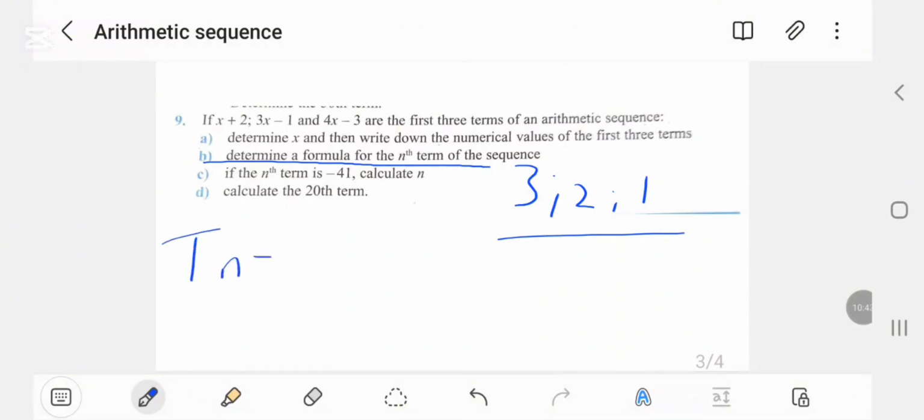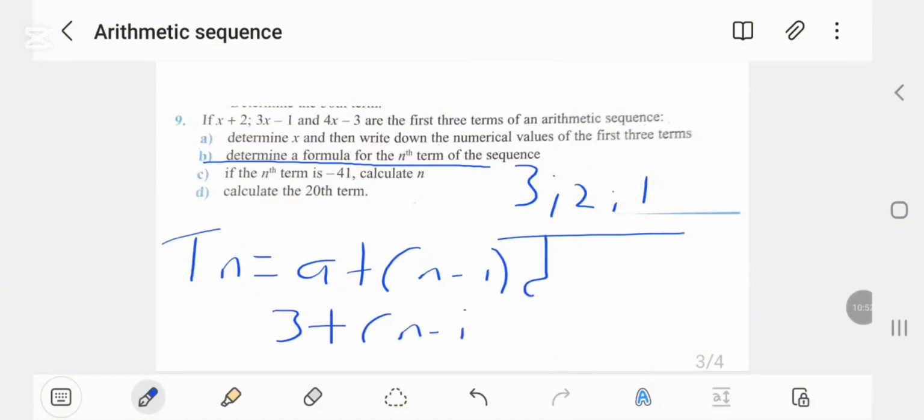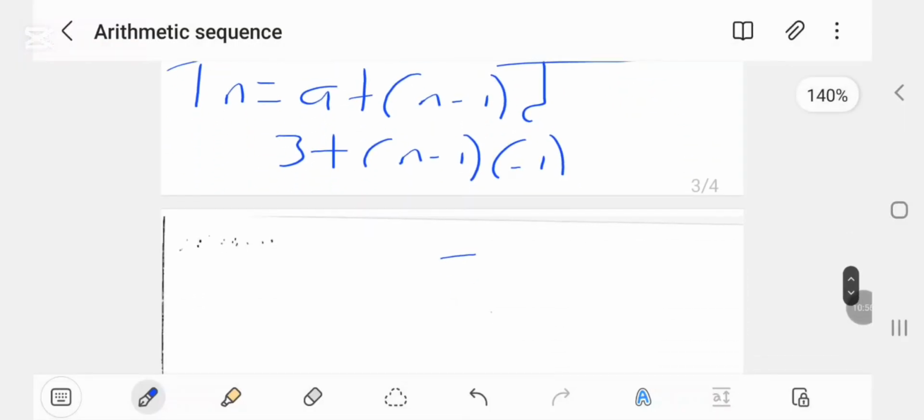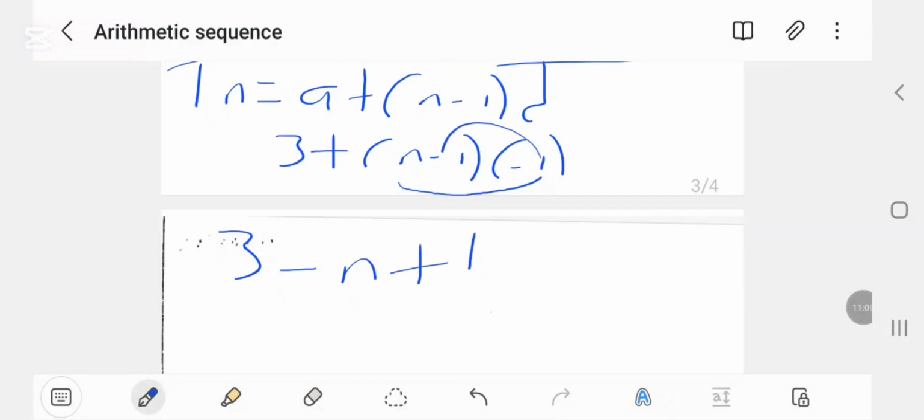Then we can try to find the nth term. So tn is equal to a plus n minus 1 times d. A is 3, and the difference is minus 1. So we have 3 plus minus 1 times n, which is minus n, and minus 1 times minus 1 is positive 1.